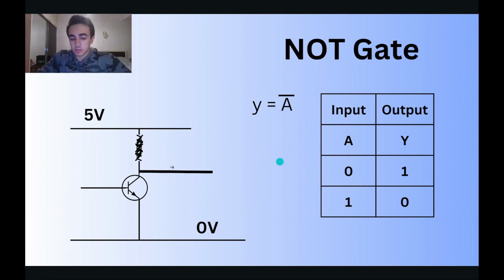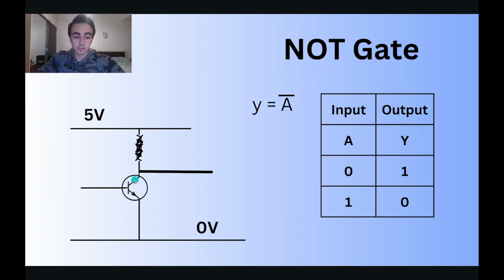In case the input is zero, there is zero voltage here, so the transistor is open. There is no current flowing this way. So the 5-volt voltage is also applied to the output, and it has positive voltage, and its output is 1.